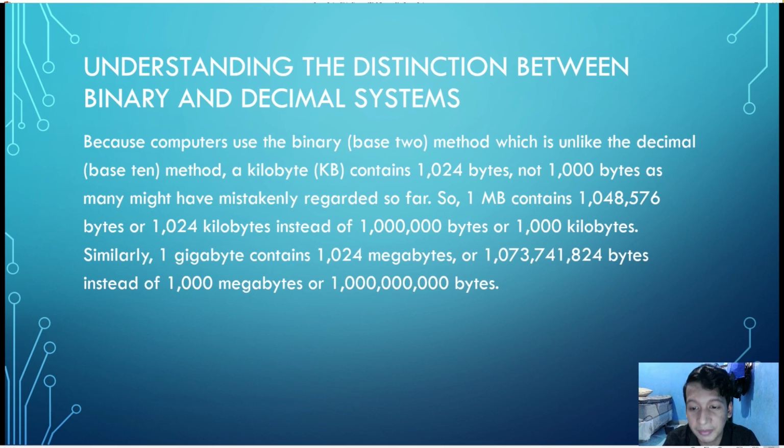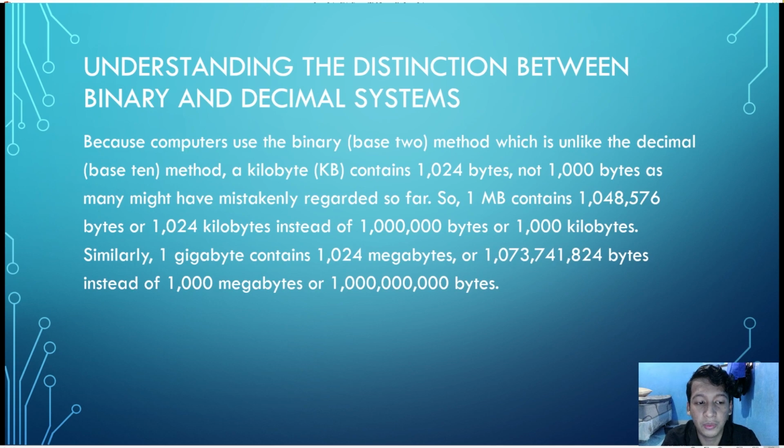So 1 MB contains 1,048,576 bytes or 1024 kilobytes instead of 1 million bytes or 1000 kilobytes.